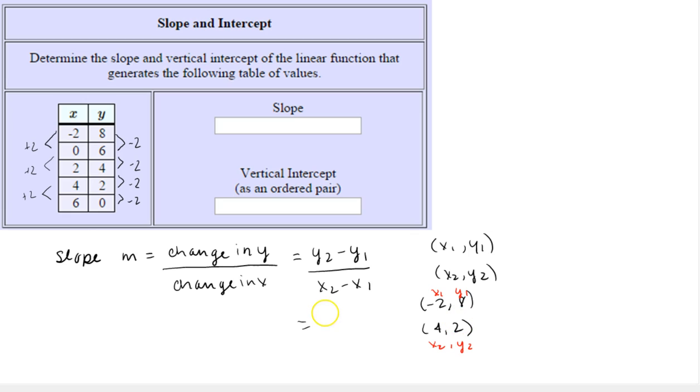So y2 is 2 minus y1, which is 8, over x2, which is 4, minus x1, which is -2. Notice that I subtracted a negative. Sometimes students forget the subtraction sign when the second number is negative, but it's very important that you keep it. And if we compute this, we'll get -6 over 4 minus -2, which is 4 plus 2, which is 6, which is -1.